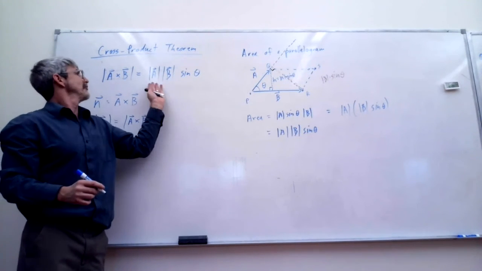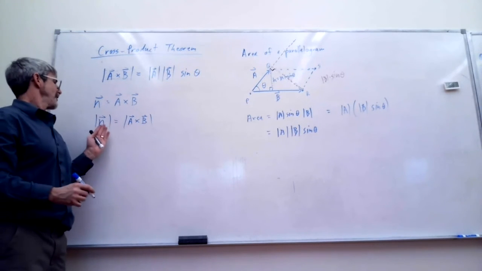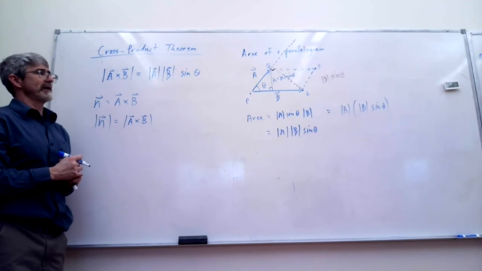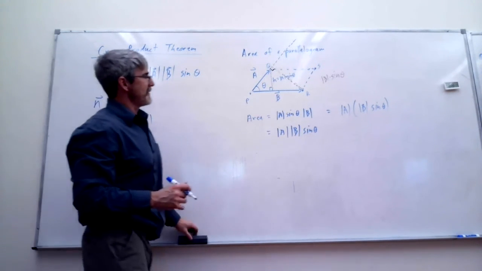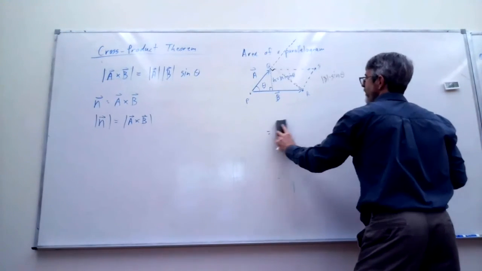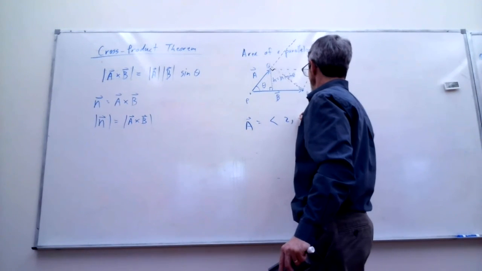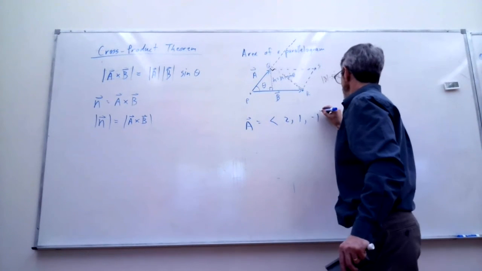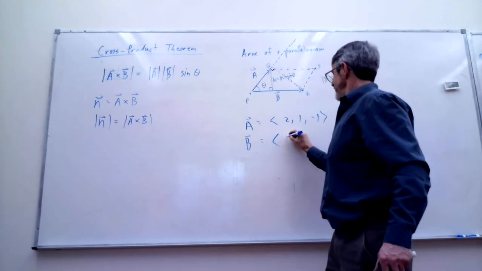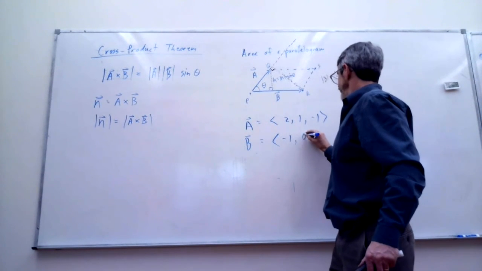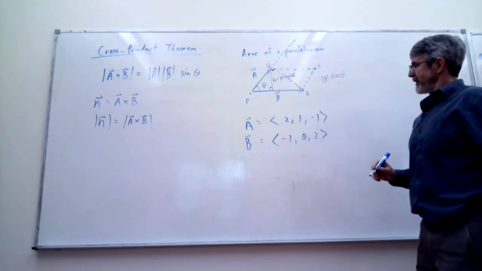So we found the area using AB sine theta, and that is the same as the magnitude of the cross product, or the size of the normal vector to the plane if we do A cross B. So if I gave you two vectors in component form, let's say A was the vector (2, 1, -1) and B was (-1, 0, 2), I could find the area of the parallelogram.